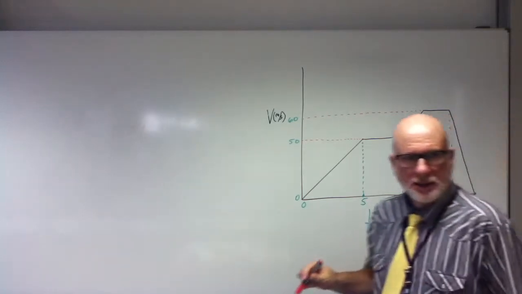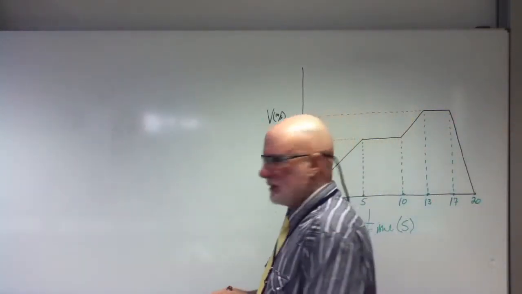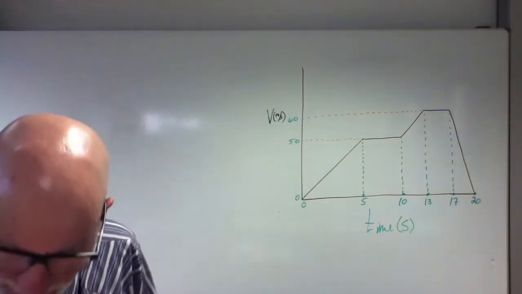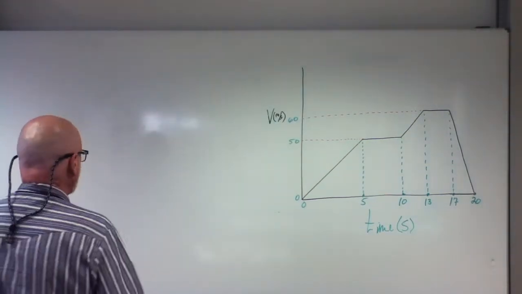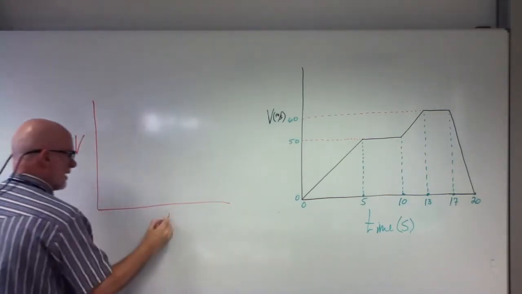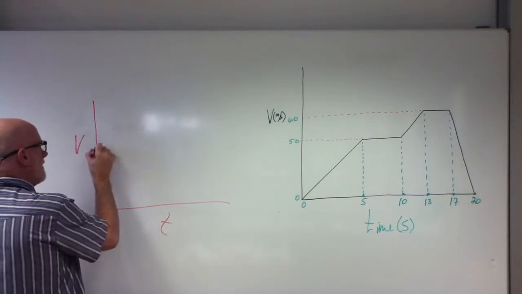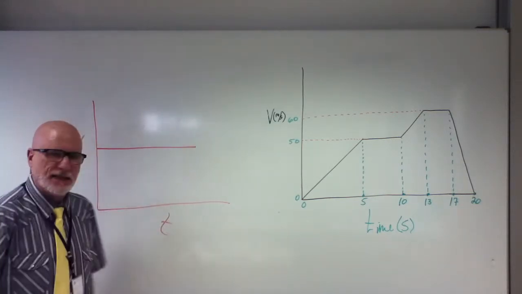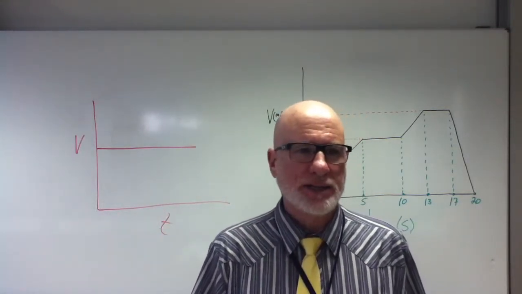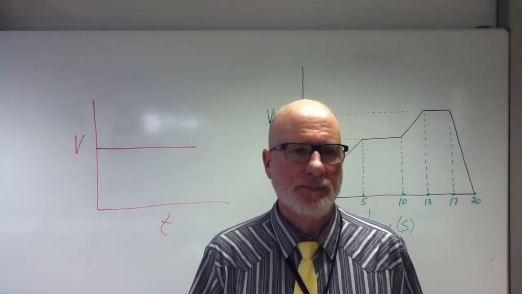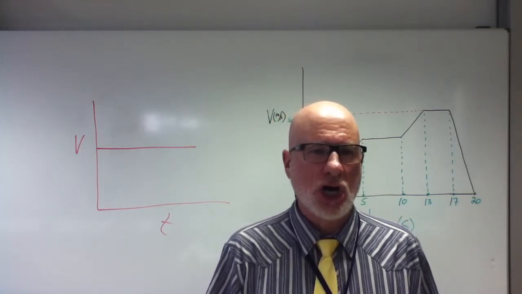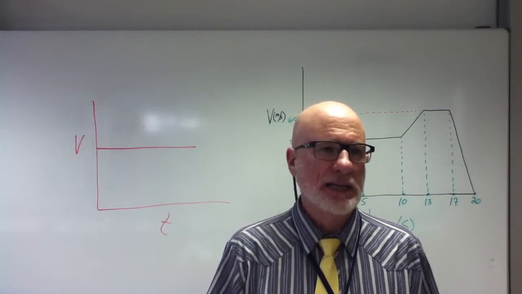Let's examine this for a moment. Velocity time, okay. If I'm on a velocity time graph going like this, am I increasing velocity, decreasing velocity, or do I have the same velocity over time? Same.